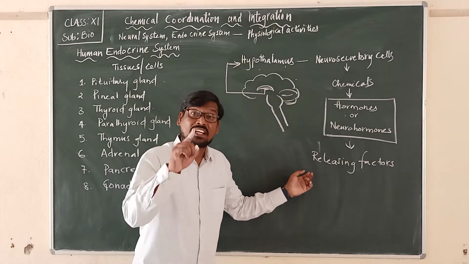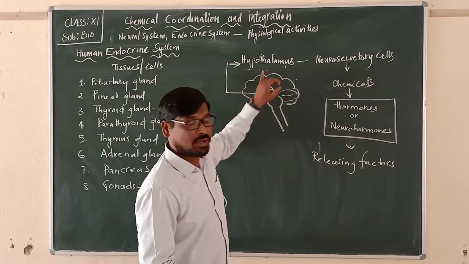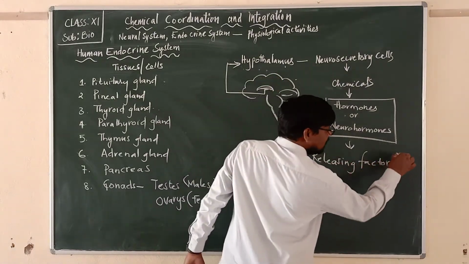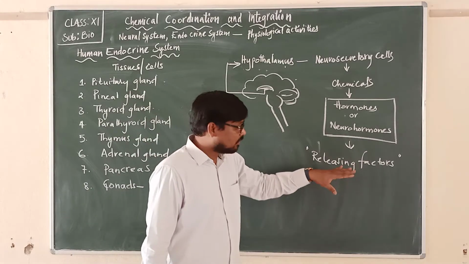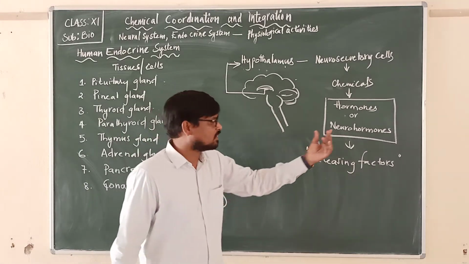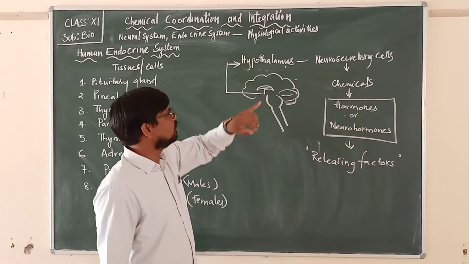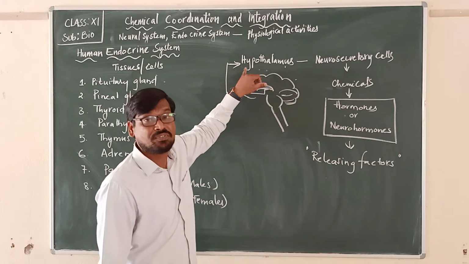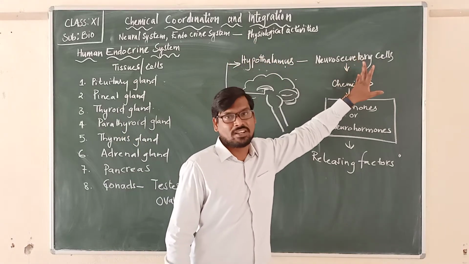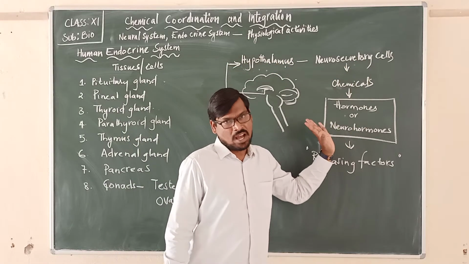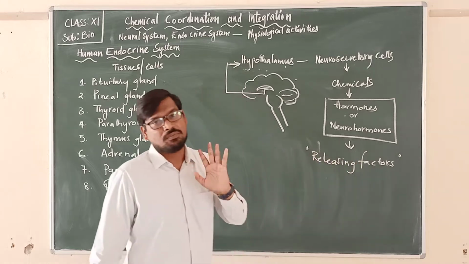Hormones released from the hypothalamus are called releasing factors. So remember that releasing factors are the hormones, otherwise neurohormones, produced from the hypothalamus region of the brain, because in the hypothalamus there are neurosecretory cells that produce these hormones.